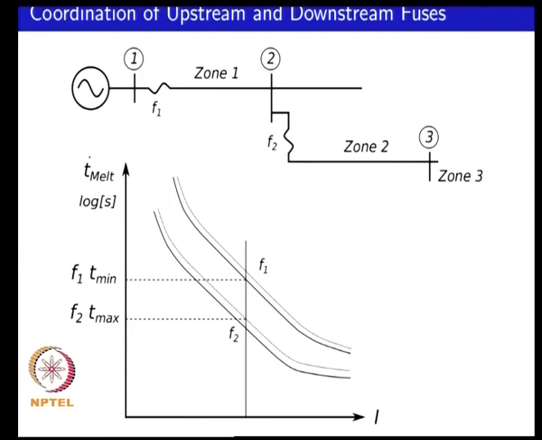Okay. So, similar to what we defined for the circuit breaker, you could actually now define a ratio M, melt ratio, as your actual fuse current divided by the melt current.